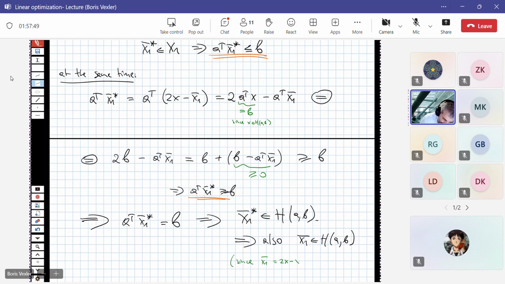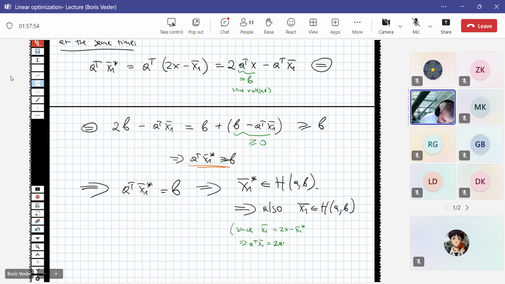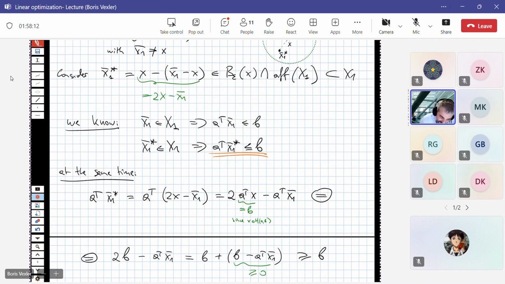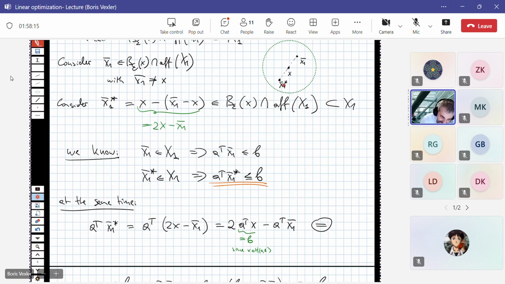Therefore, if you compute A transpose X1 bar, you will get 2A transpose X minus A transpose X1 bar star. It means you will get 2B minus B, and this is just B. Now in this situation, X1 and X1 star, and of course also X, all these 3 points are in H_AB.